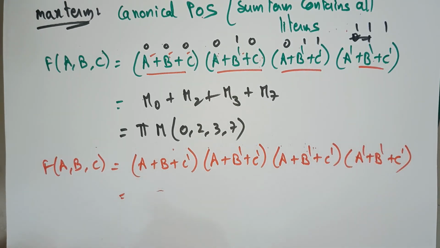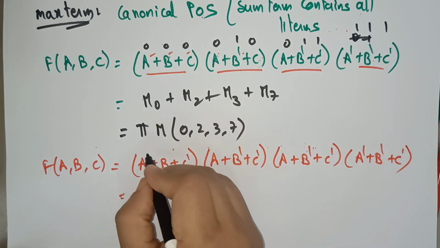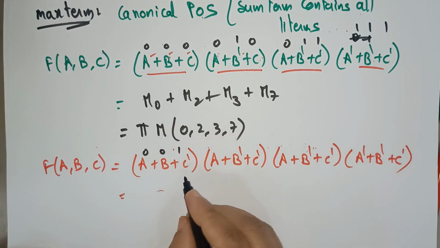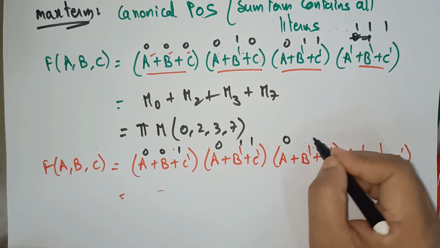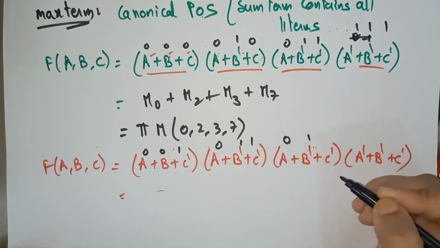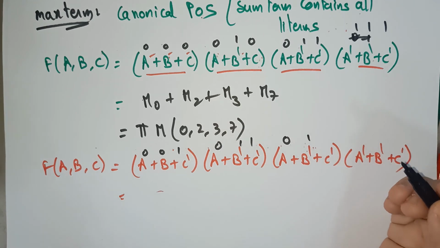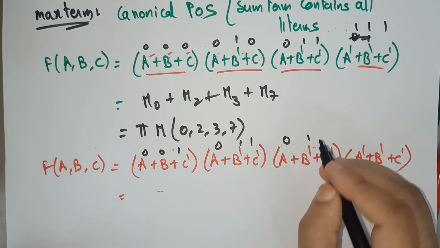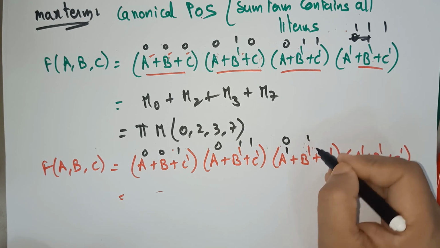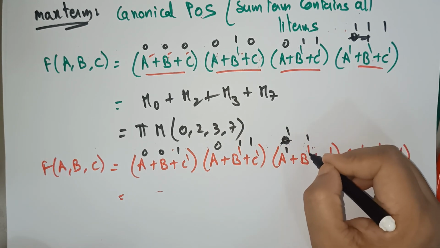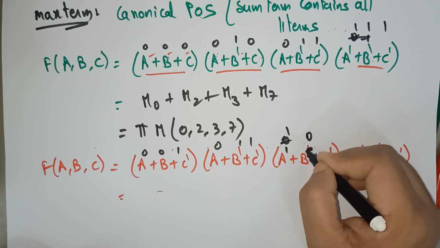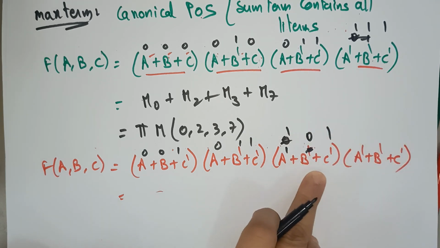Okay, so what are these values? So 0, 0, 1, and here 0, 1, 1, and this is 1, 0, 1, okay, A dash, B plus C dash.